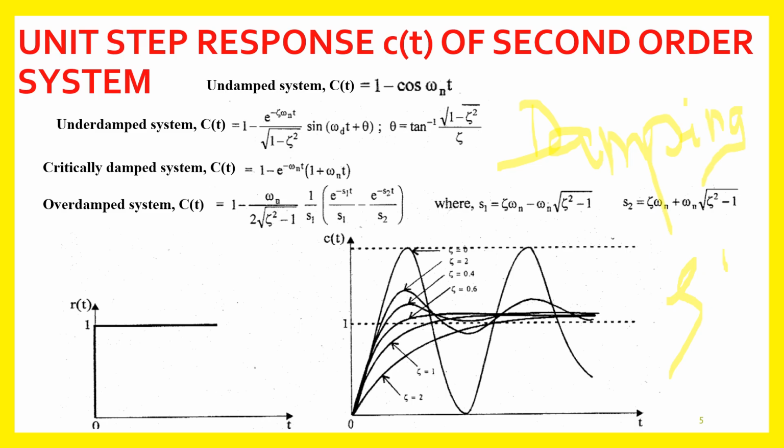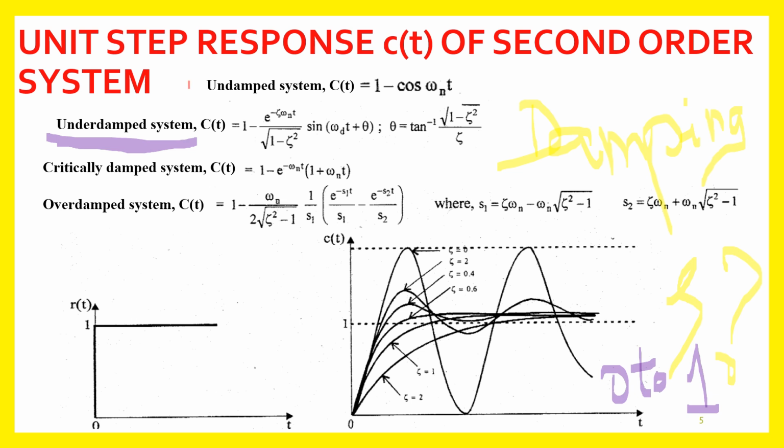What values does this zeta take? It starts from 0 and it can take any value, including values greater than 1. When the value of zeta varies between 0 and 1, we call the system an underdamped system.